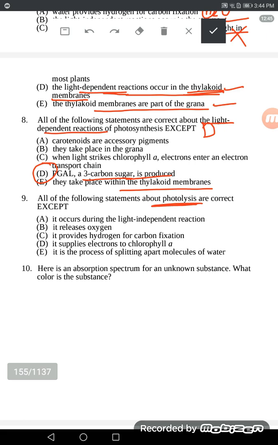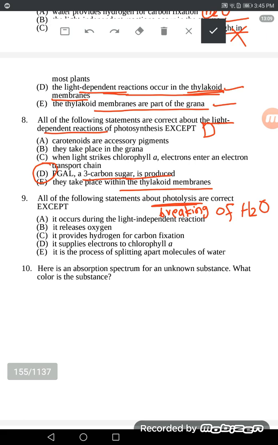Okay, photolysis means breaking of H2O. So H2O will be broken. Okay, during which process does the H2O break? During the light-dependent reaction.